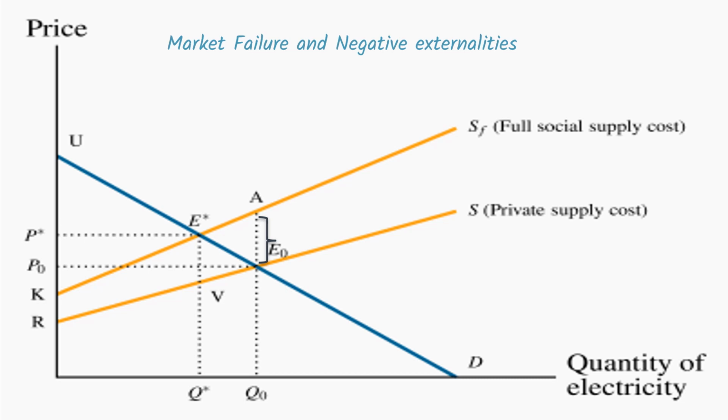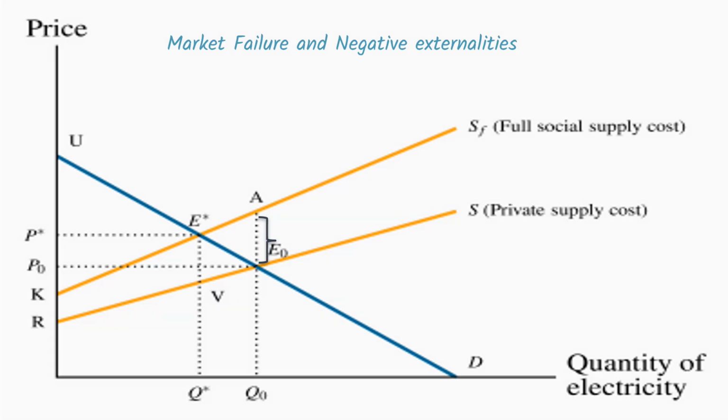Accordingly, if the last unit of output produced is cut, society gains by the amount of AE naught, which is shown with the help of a bracket in this diagram. You will see that AE naught is the last unit of output produced. If cut, the society will gain by that amount.